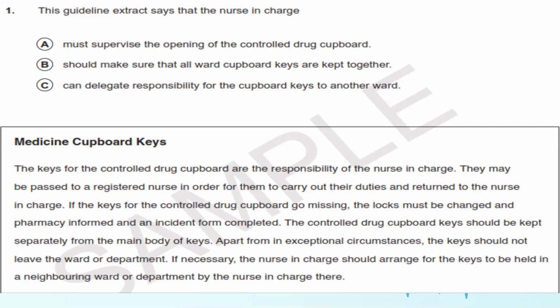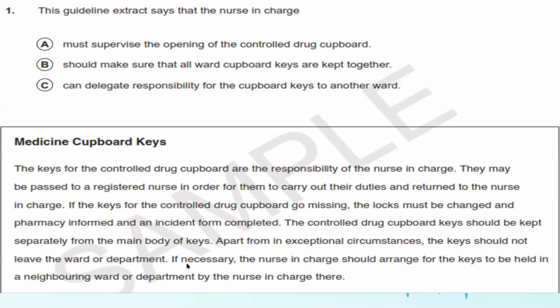Time's up. So what's your answer? Yes, the correct answer is C. Can delegate responsibility for the cupboard keys to another ward.